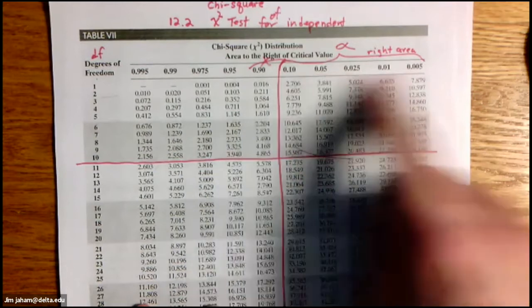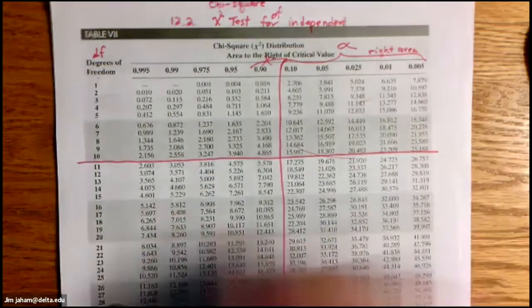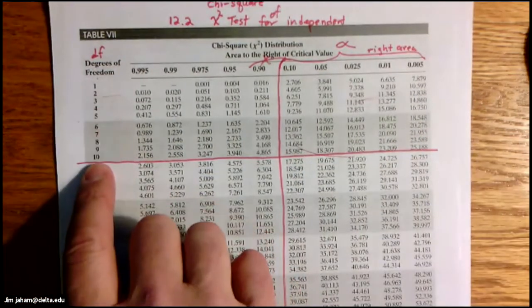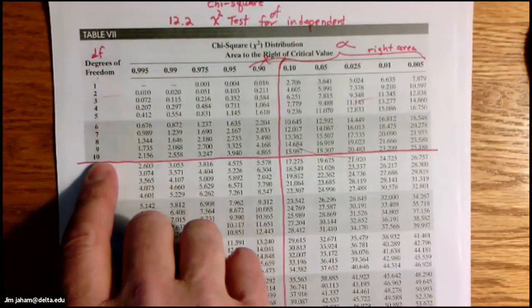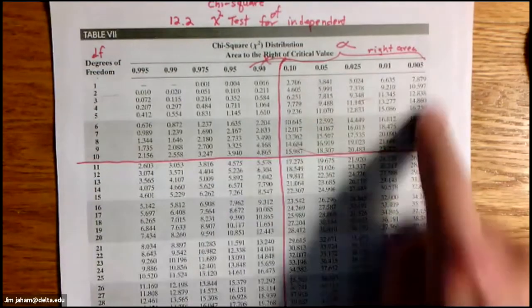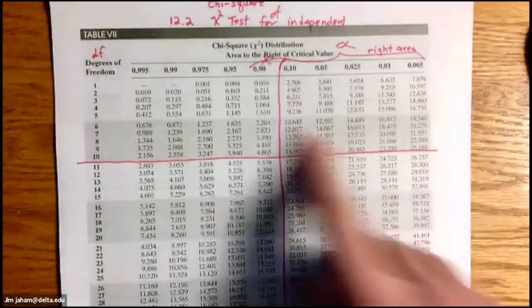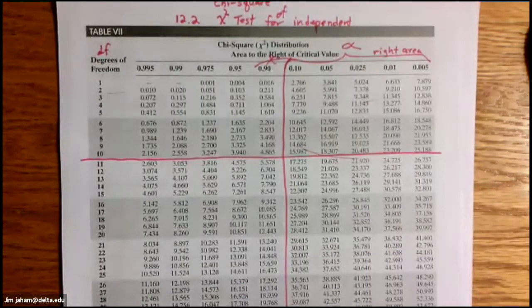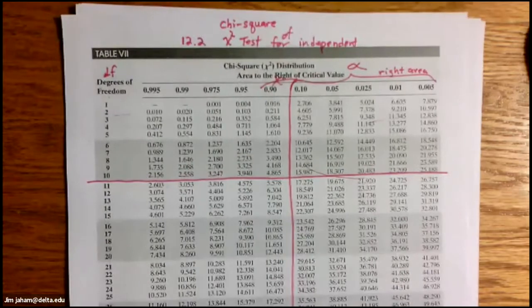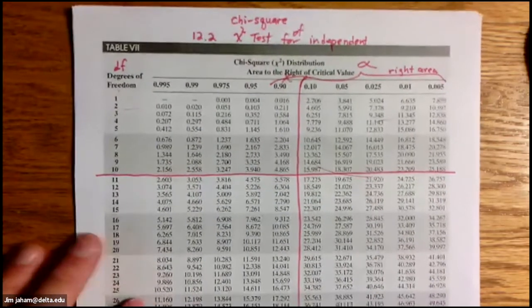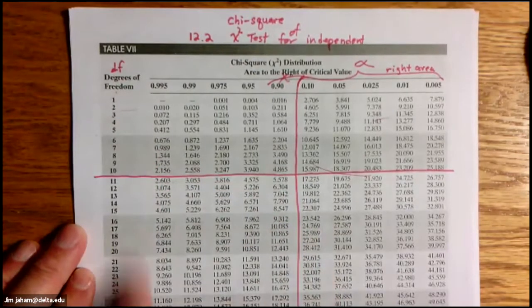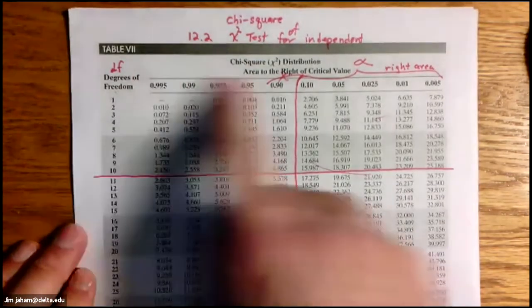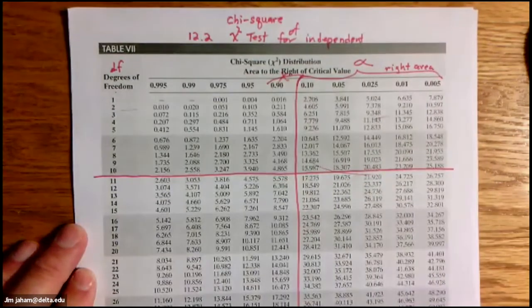So this is the right area. Not only that, in this test that we do, our degrees of freedom will usually be a smaller number. So most of the critical values for our problems will fall in this upper right quadrant of this table. But you read it very much like the T table, where you have the column of degrees of freedom coming down the left column, and then the alphas up at the top.